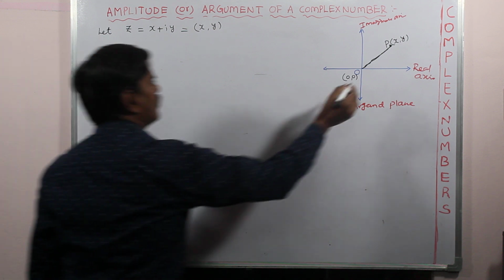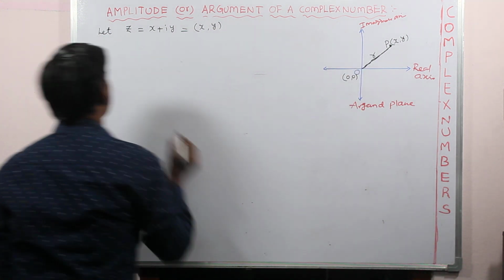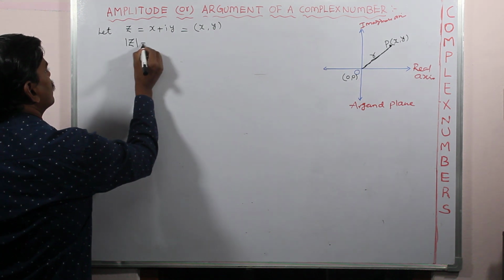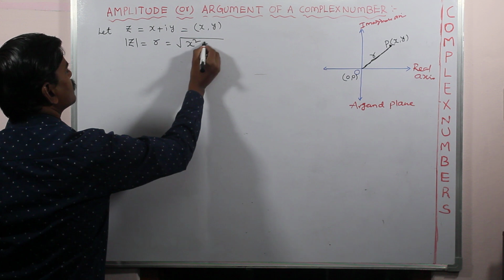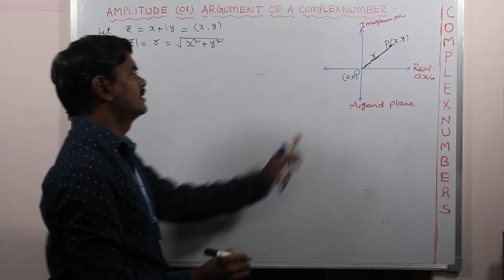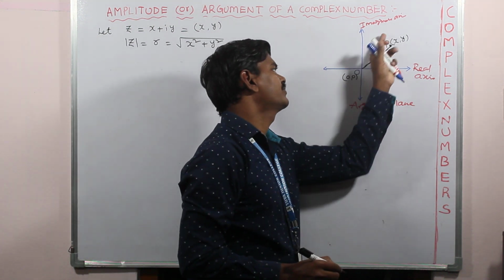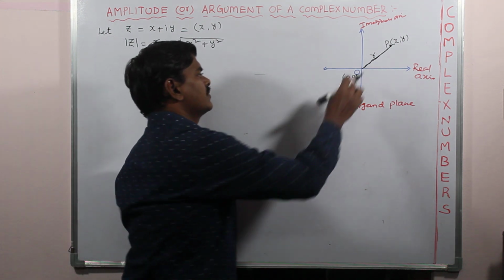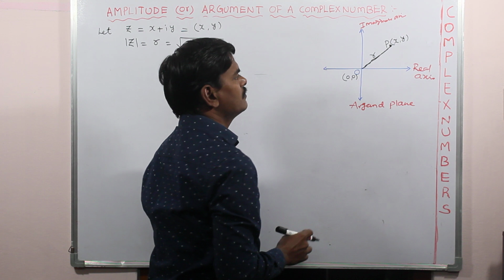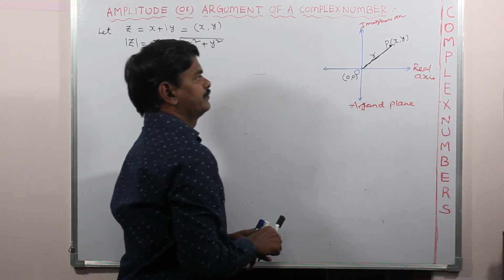Modulus of a complex number is denoted by mod z. So mod z is equals to r, that is equals to root over x square plus y square. Distance between these 2 points also, if you calculate, you will get the same, root over x square plus y square. That's why this OP line is called the modulus line.